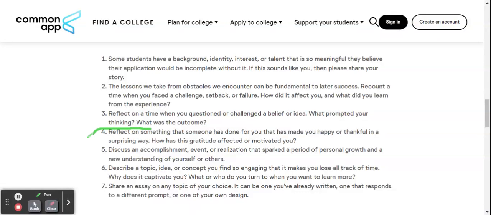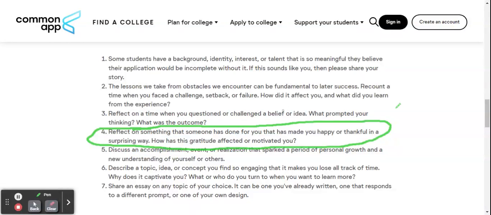So this one is an interesting one. Anytime I see reflect, I'm always like, that usually tells me that it's going to be a little bit of a challenge. And so 3 and 4 are both about reflecting.